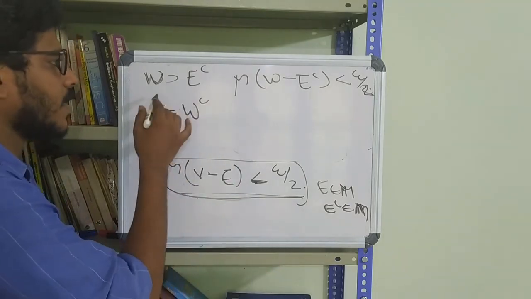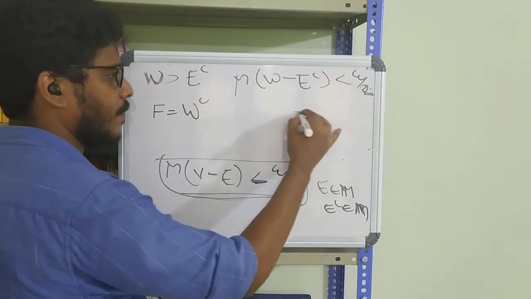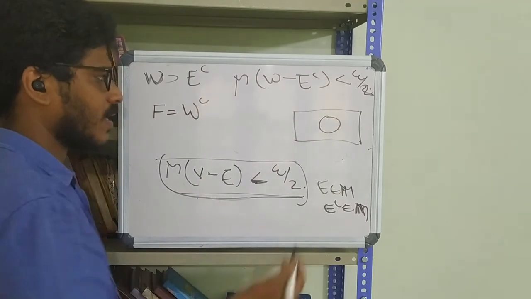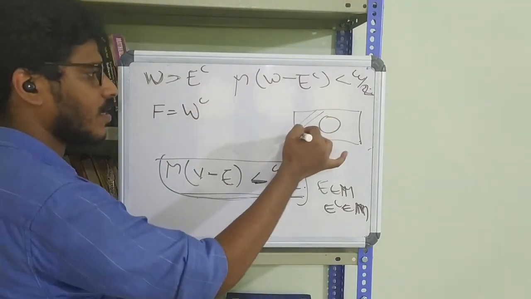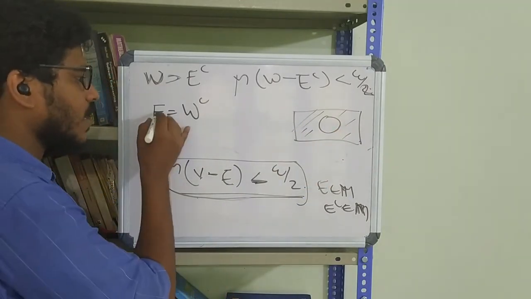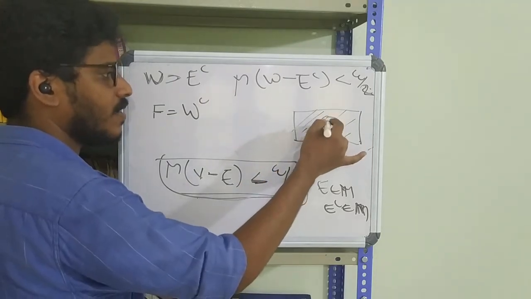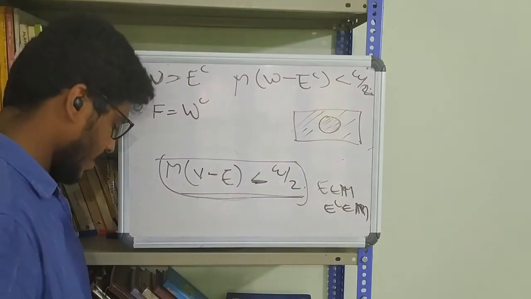See, if you want, you can try to visualize this as, say, let this be the universal set and let this be our E. W contains E complement. So these are all parts of W, and we choose F to be W complement.